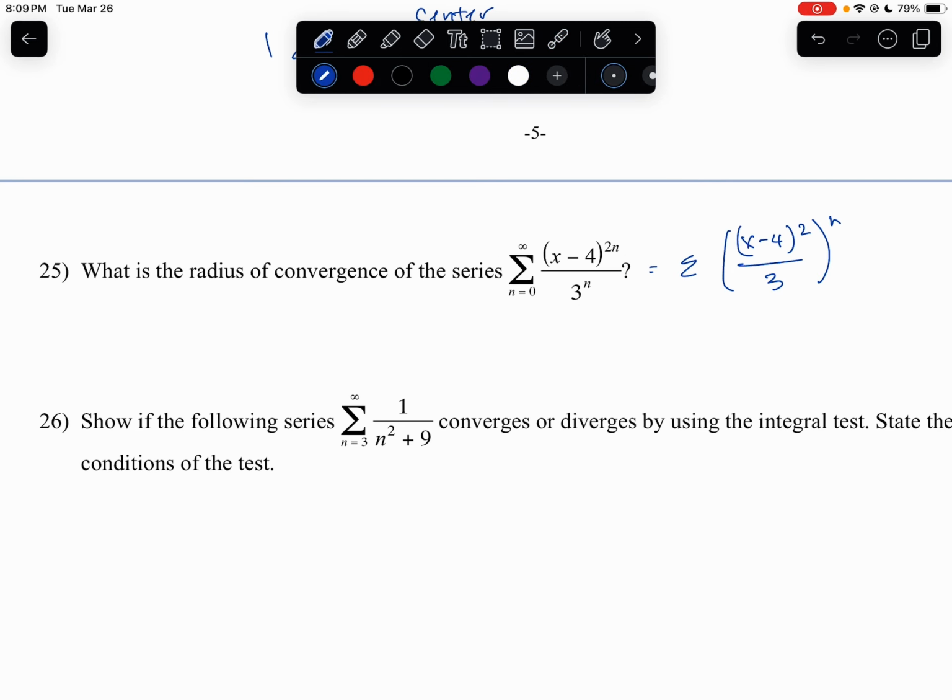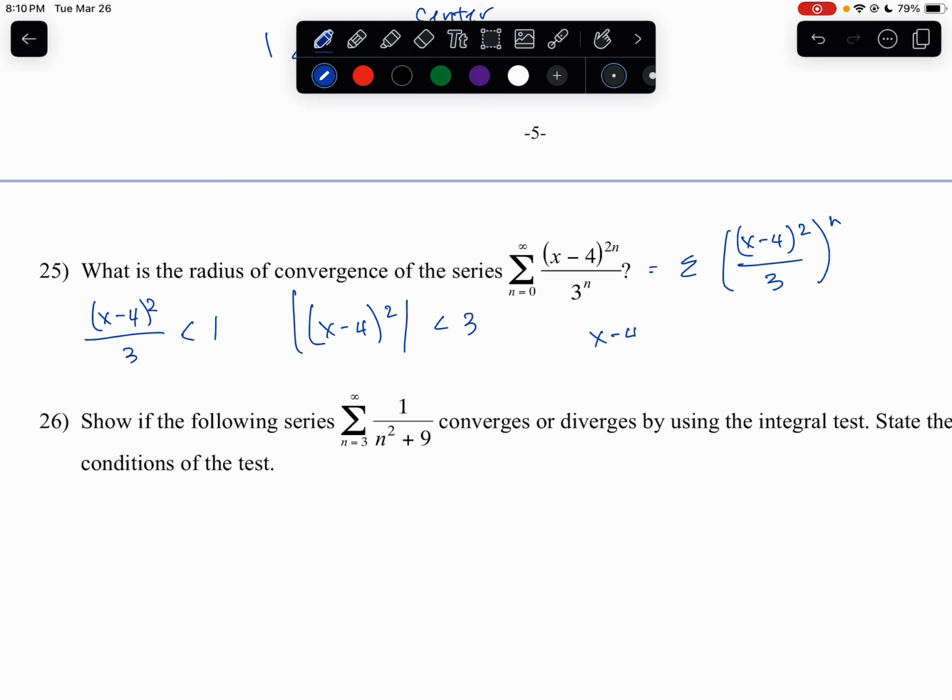So (x minus 4) squared over 3, all that has to be less than 1, right? Multiplied by 3. So (x minus 4) squared has to be less than 3. I can take the square root.